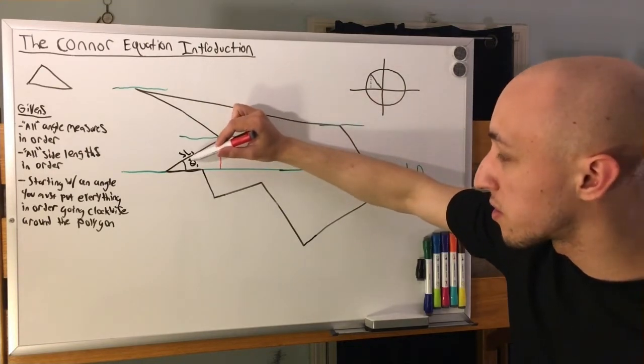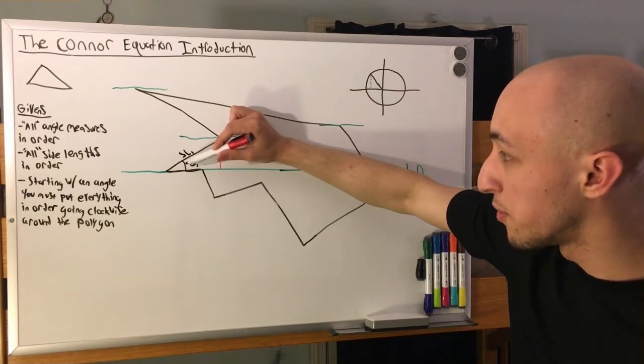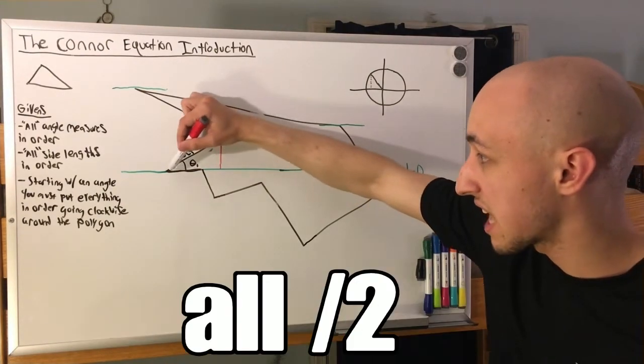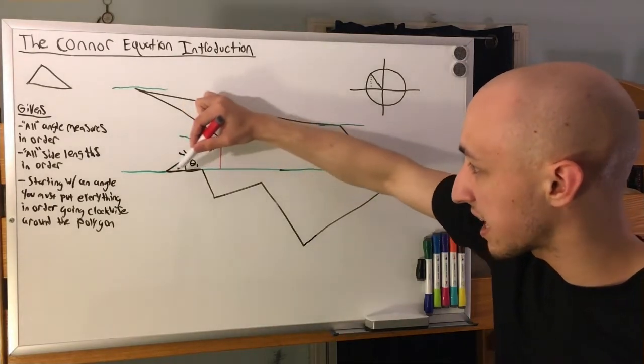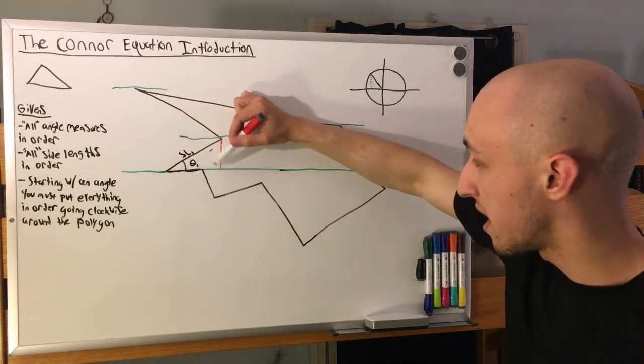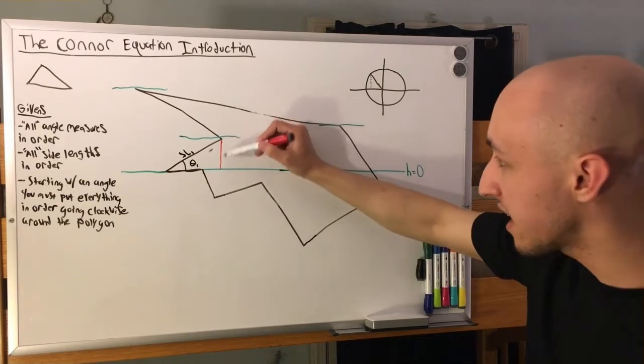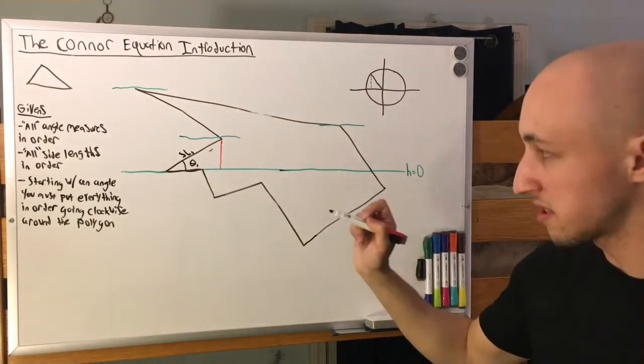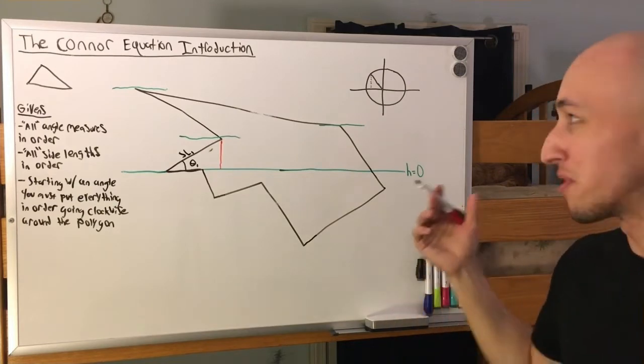And then we're going to multiply that by the cosine of theta 1, which is going to get us this length right here, okay? That is parallel. This height is perpendicular to our established x-axis, of course. That's how trigonometry works, okay?